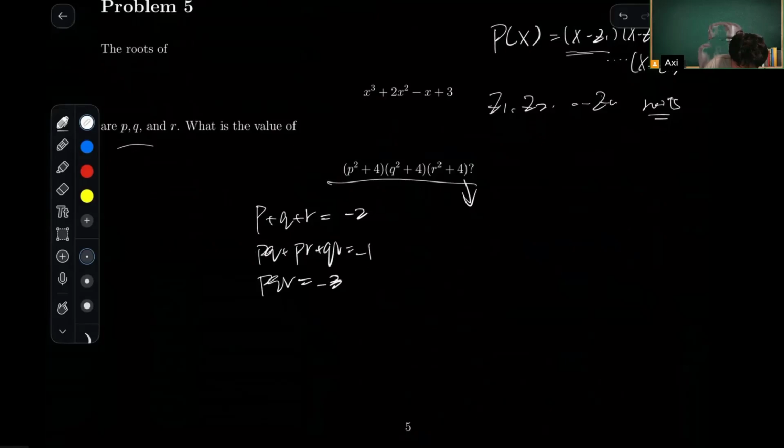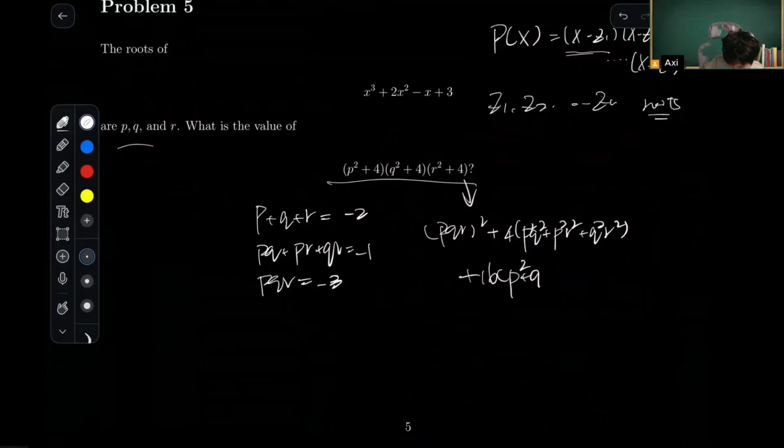This expression here can be expanded. It is essentially equal to (pqr) squared plus 4 times (pq squared plus pr squared plus qr squared) plus 16 times (p squared plus q squared plus r squared), and ultimately plus 64. Don't forget the constant term.